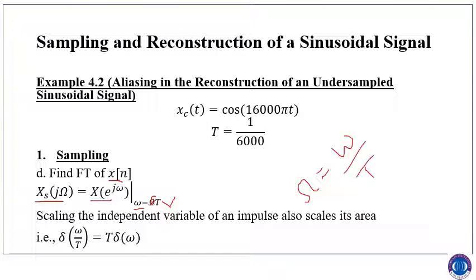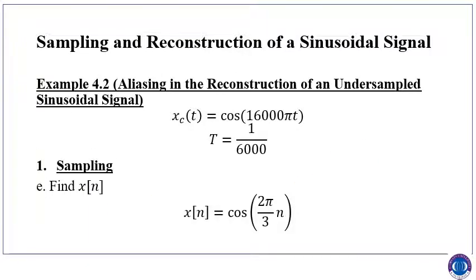You have to utilize the theorem that if you scale an impulse, we cannot increase the width of the impulse, so ultimately its amplitude gets higher, and its area under the curve will increase.